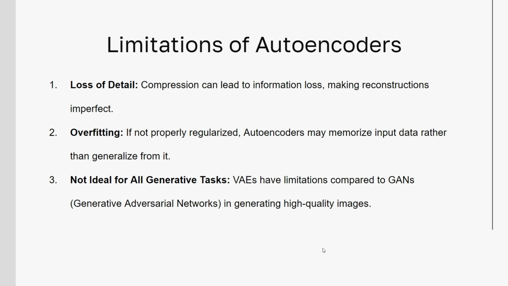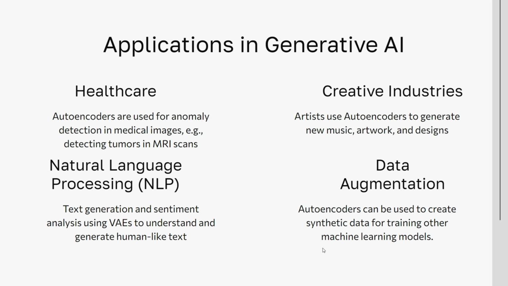So where are such variational autoencoders being used in different industries? Let us take the healthcare industry, where autoencoders are generally used for anomaly detection in medical images, such as detecting tumors in MRI scans.